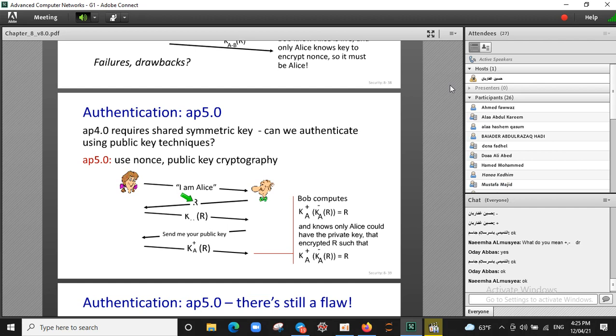This is the key principle to break a security mechanism. We must never send a message twice.